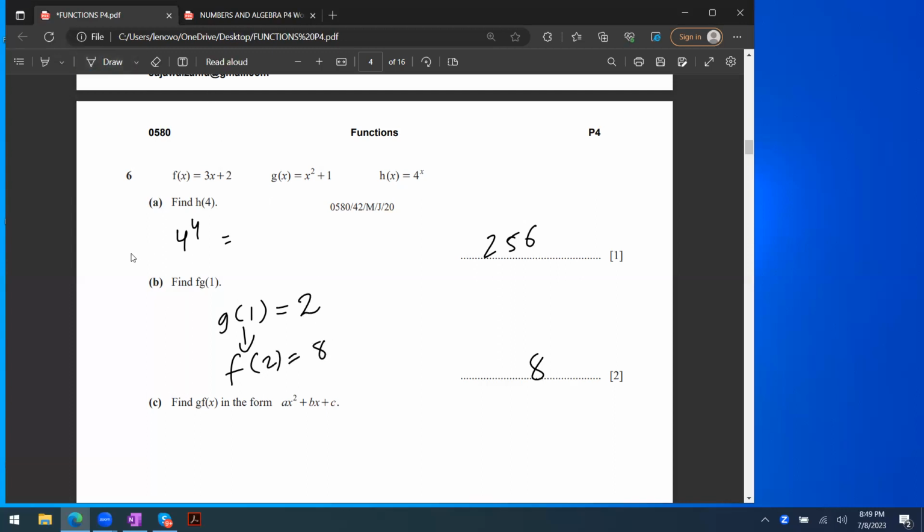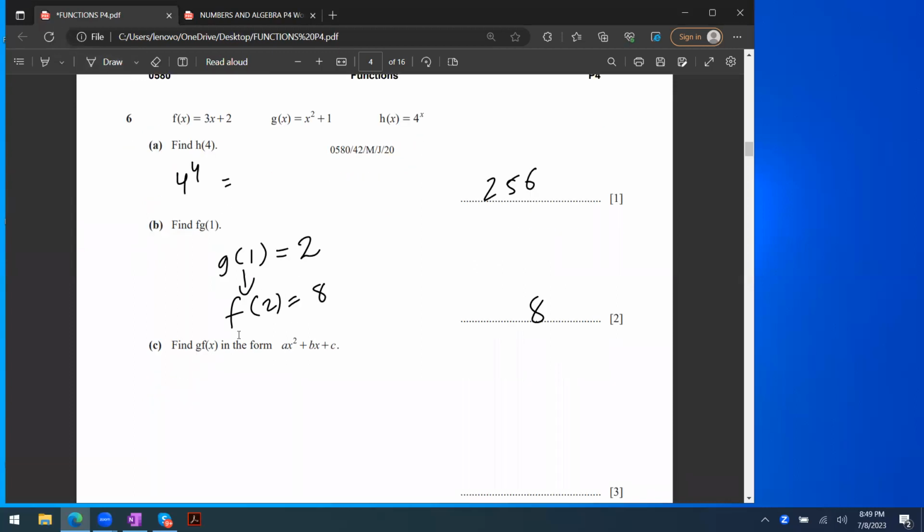All right. Find g of f of x function. You can put f of x inside g function. Inside always becomes the input for the outside. Okay? So in this, g of x is x squared plus 1. In place of x, you need to put 3x plus 2. 3x plus 2 whole squared plus 1.